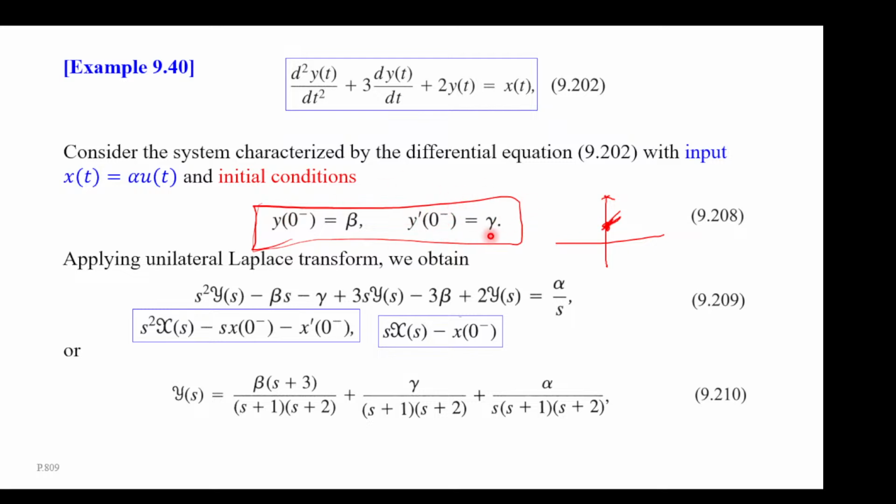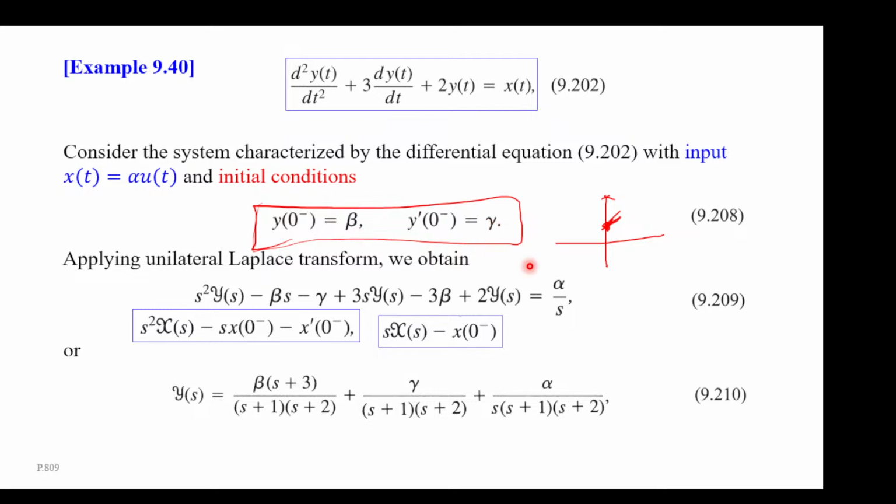How many derivatives we have depends on the order of y. The more derivatives of y here, the more initial conditions you need to specify. Here we have a second order equation, so we need two initial conditions: y of 0 and y prime of 0, so dy dt at 0.